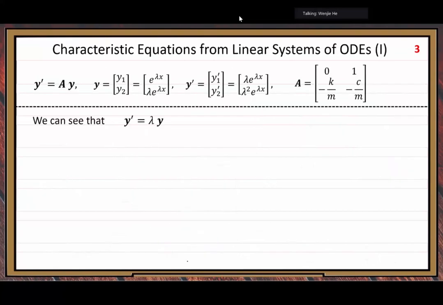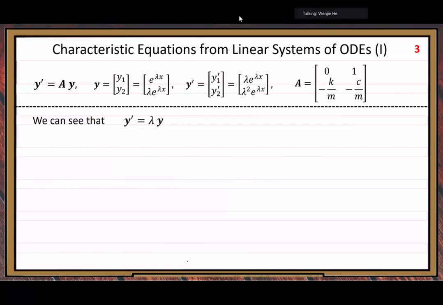Let's get to, yeah, all right. So before we get into the original equation, we observe y prime equals lambda y. Lambda is a scalar number, right? It's not a vector. So vector, scalar.